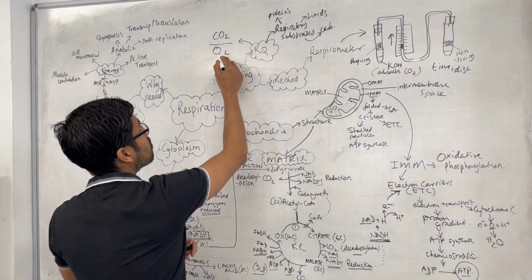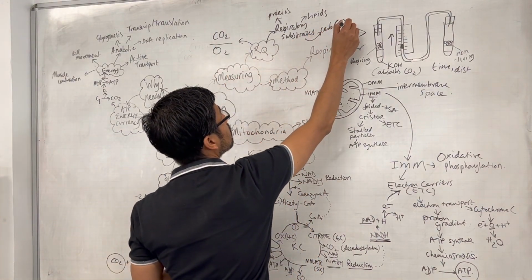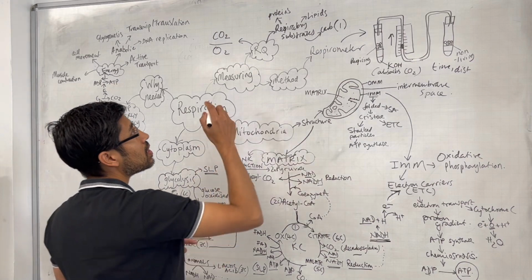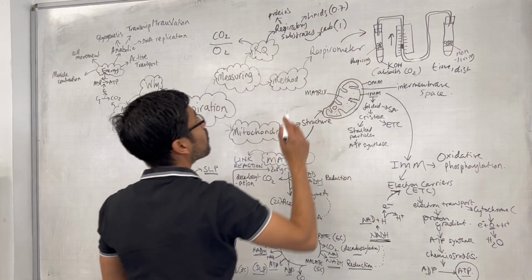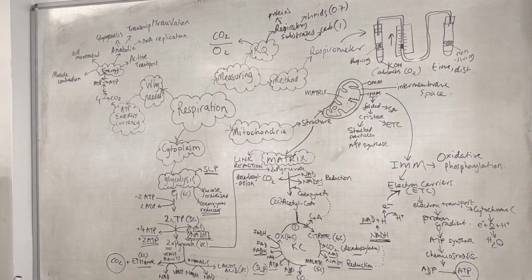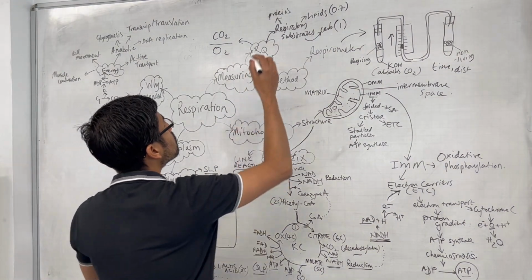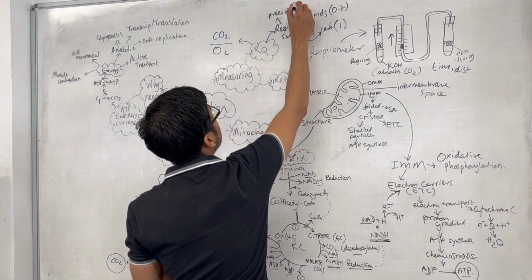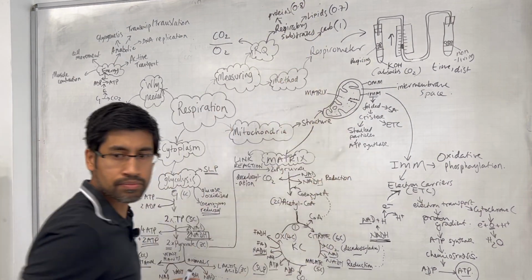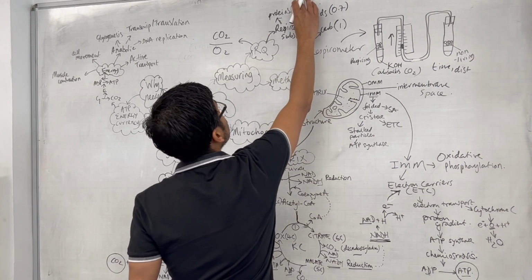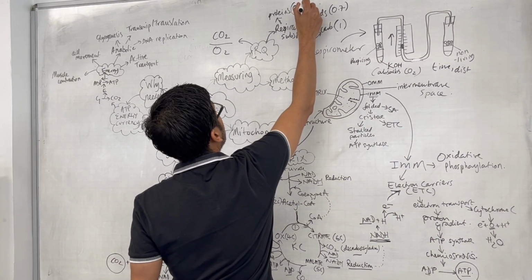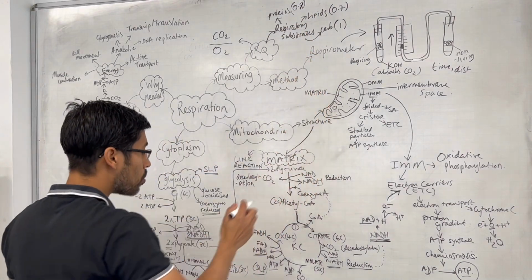Carbohydrates have a respiratory quotient of 1. Lipids have a respiratory quotient of 0.7-ish. And proteins are at about 0.9.